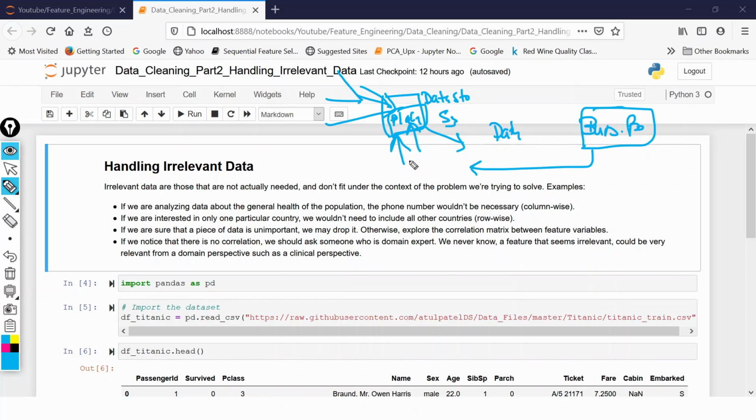As a data engineer, we don't know which column would be required for what purpose. As a data scientist, we know which column would be required for our business problem. So we pick our required data from this storage and start our analysis.